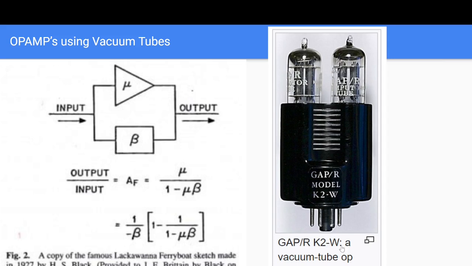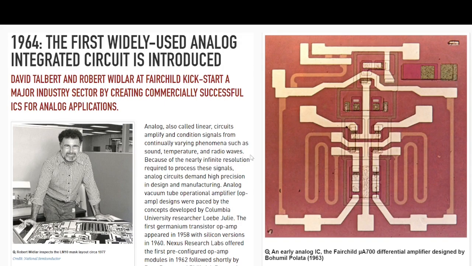And this picture is 1953. So we are still in vacuum tubes, but this is when the magic happens, and it's done by this gentleman, Robert Widlar, in 64. The first widely used analog integrated circuit is introduced.